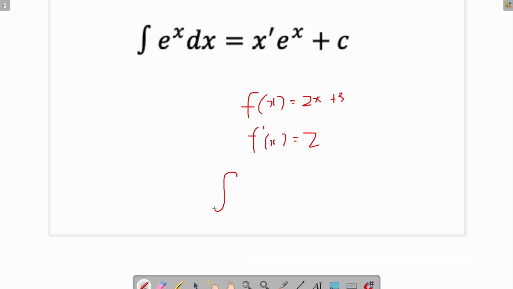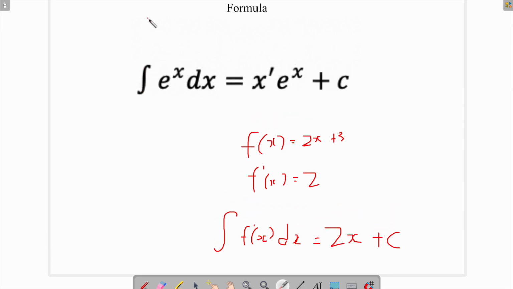So if we wanted to find a function f of x, we would have to integrate f dash of x with respect to x, which is equal to 2x, since f dash of x is just 2. But we wouldn't have any information on the plus 3 there. So that's why we add the plus c, only in the case where there are no bounds on the integral. If it was between 2 points, then we do not add the plus c.